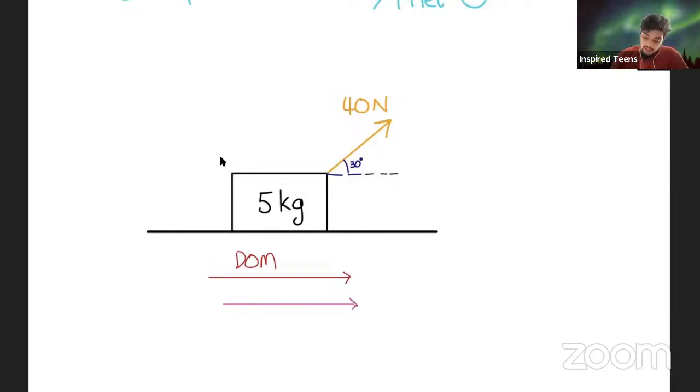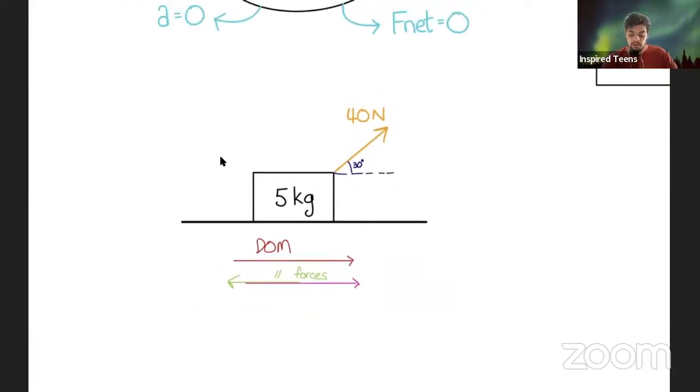Because the direction of motion is to the right, a parallel force would have to be either to the right or to the left. We cannot have a force that's up or down or 30 degrees up. So just keep that in mind.